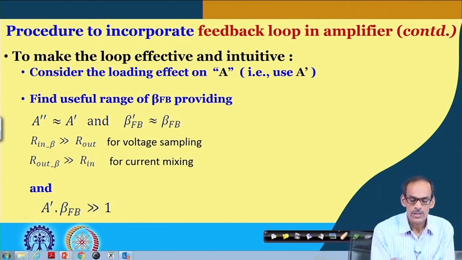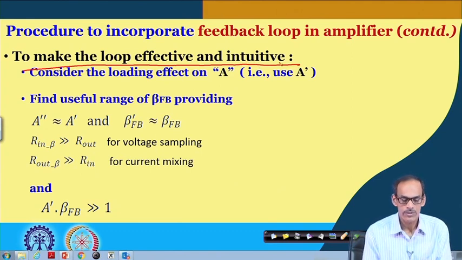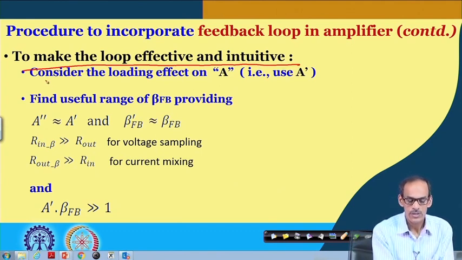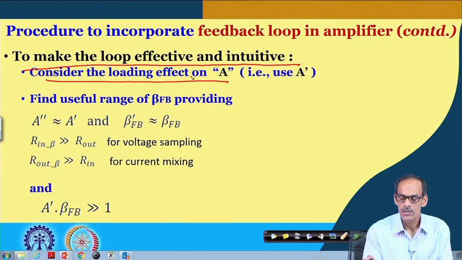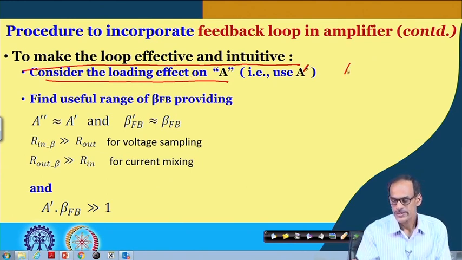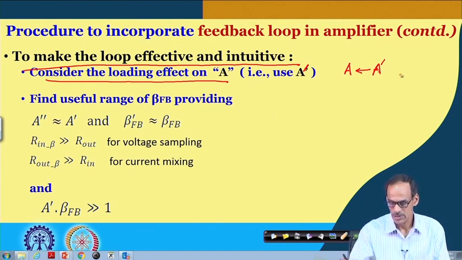So, to make the loop really effective and intuitive, first thing is that you consider the loading effect on A. We should say that instead of A, it is better to consider A dash after considering the external load effect.